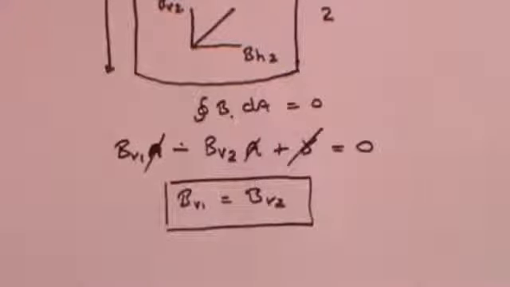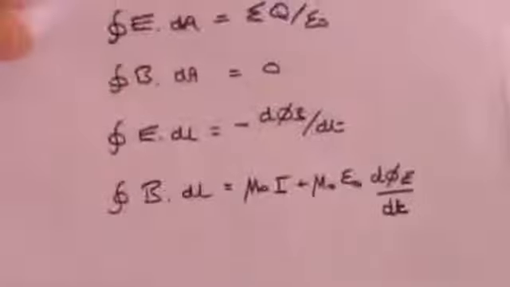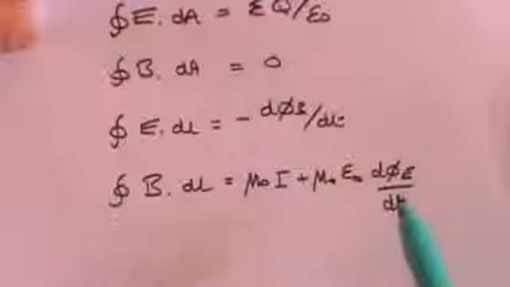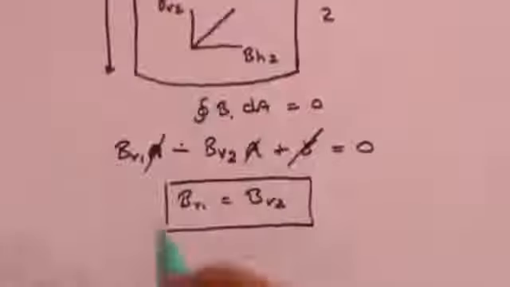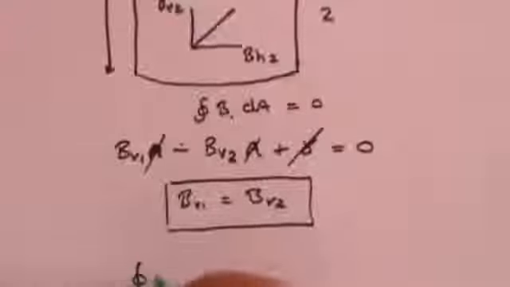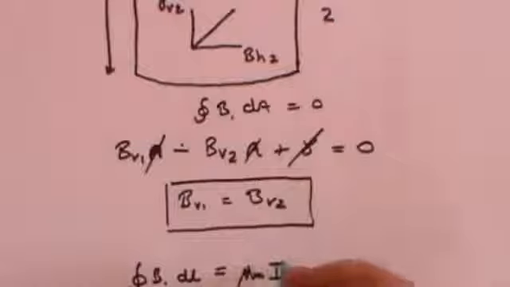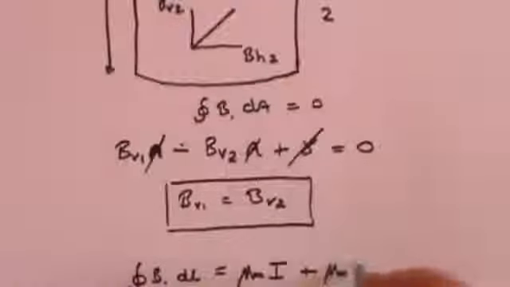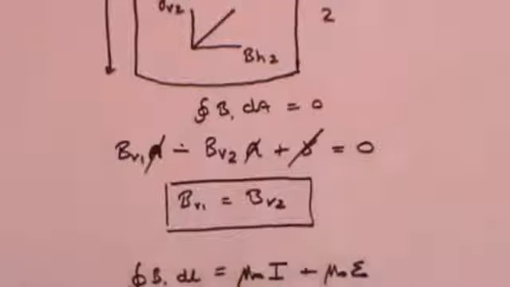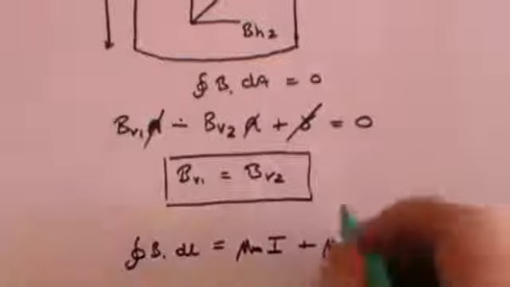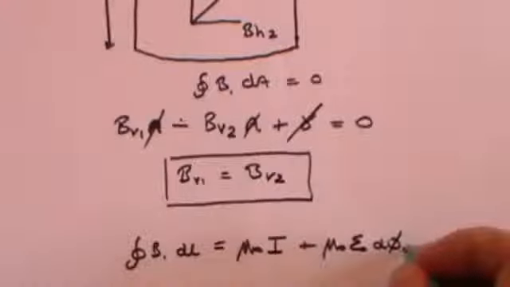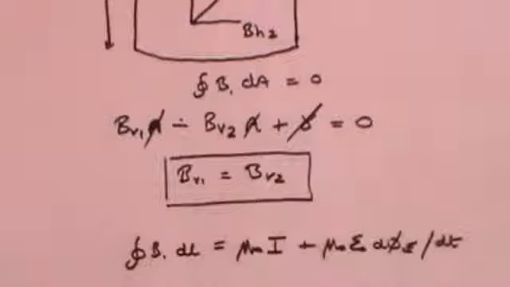That just leaves us with one more to look at, and that is this B dot dL term here. Let's write that down. That is the integral of B dot dL is equal to mu 0 I plus mu 0 epsilon 0 d phi E by dt.